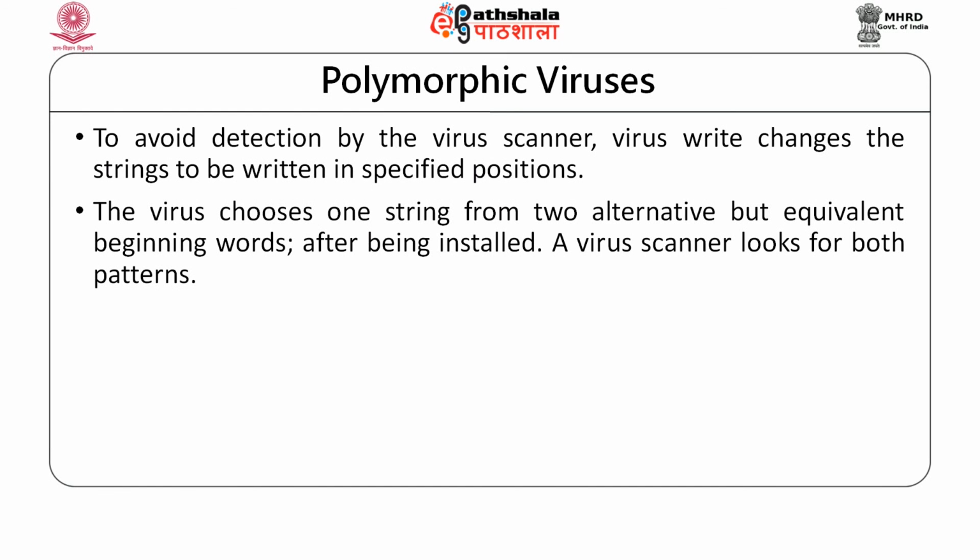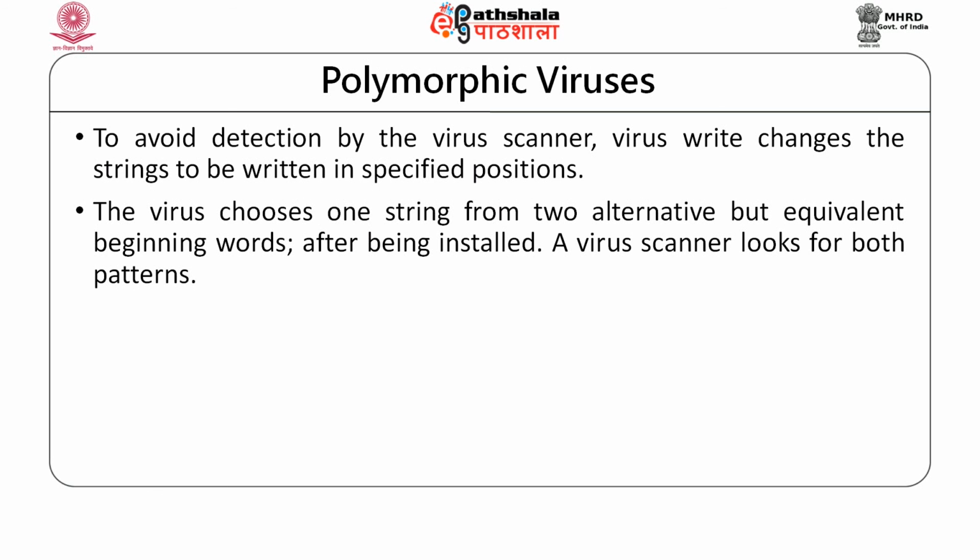Now, polymorphic: to avoid detection by the virus scanner, the virus changes the strings to be written in a specified position. Sometimes a virus chooses one string out of two alternatives. So, sometimes it writes the first string, sometimes it writes the second string.